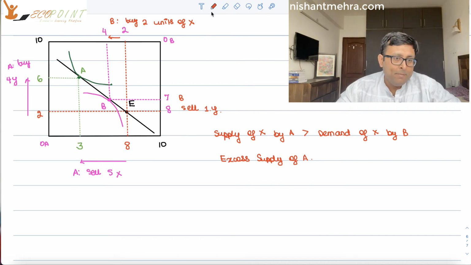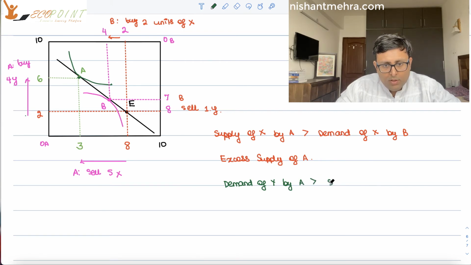Okay. What about Y? I want to demand 4 units of Y, but you want to sell only less Y. So my demand of Y by individual A is more than supply of Y by individual B. So it means what?